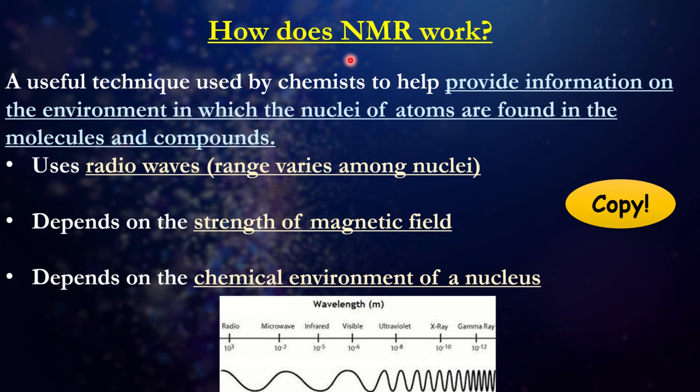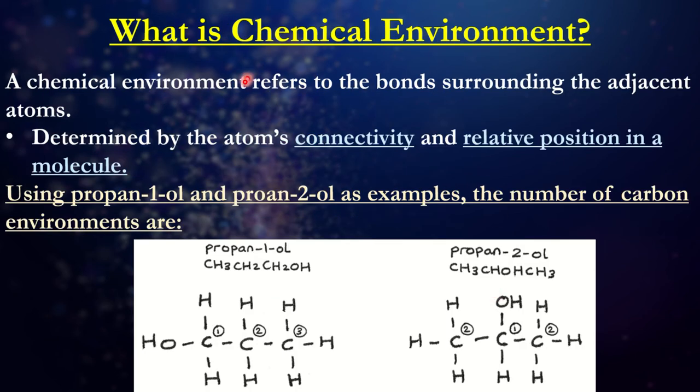In terms of NMR, the magnetic field strength that we use will affect the results. Later, what we call chemical shift we take into account, and it will also tell us the chemical environment of the nucleus, which we'll talk about very shortly. So let's start with chemical environment.